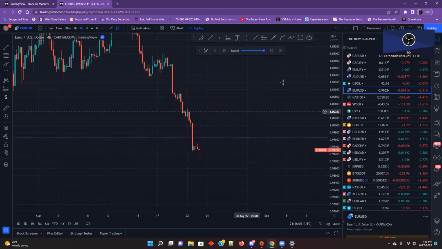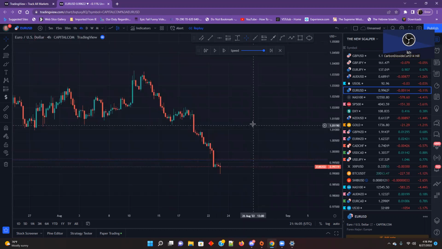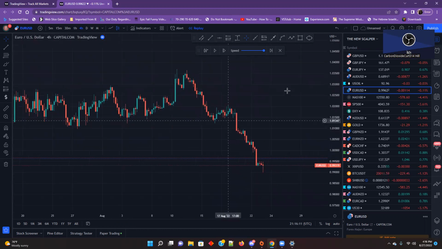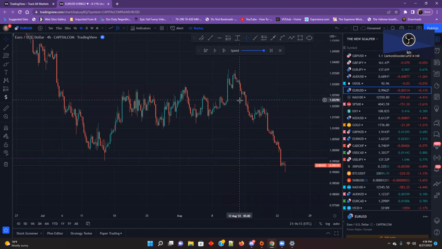All right. So obviously, what we're gonna be learning is high probability trade setups. It's all gonna be high probability. So since euro is on a downtrend, we're not looking for a reversal. Now, check this out. This is technical and fundamental put together.